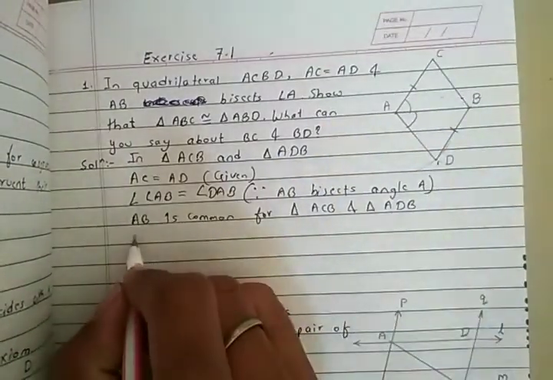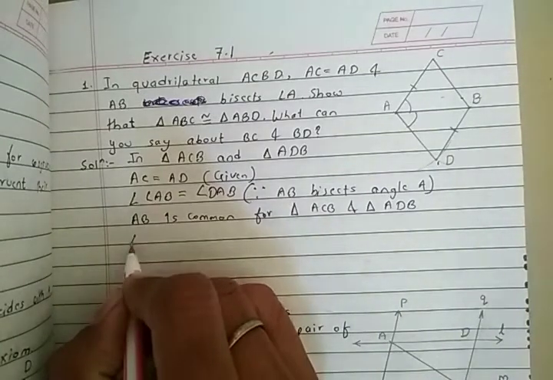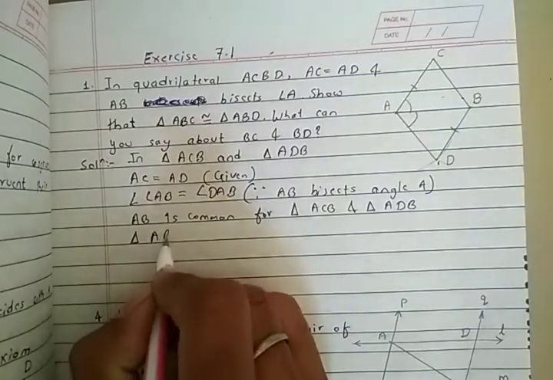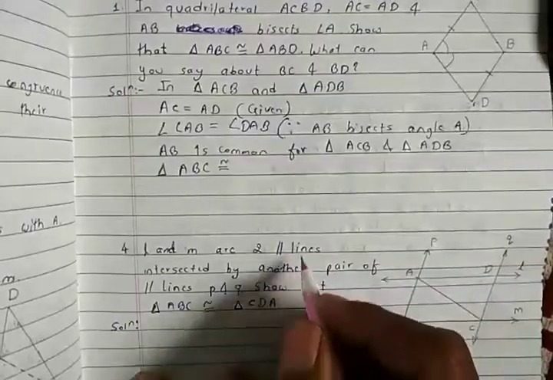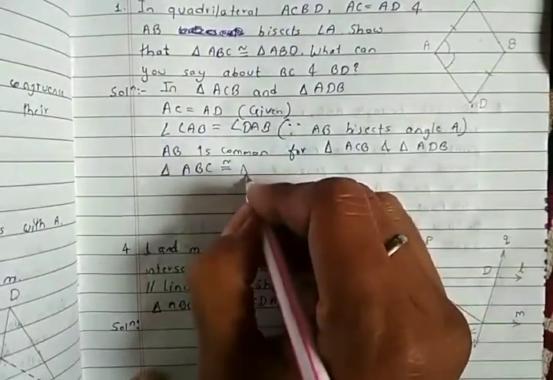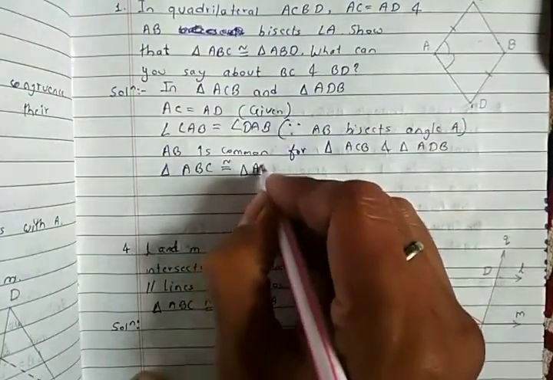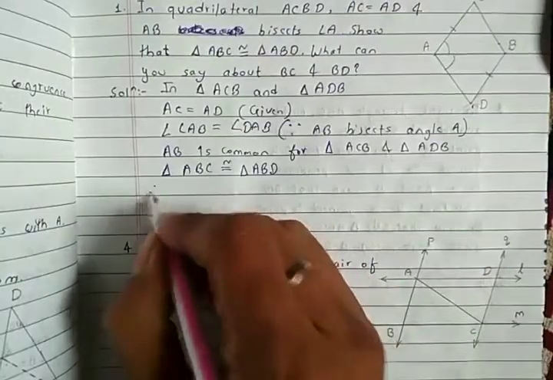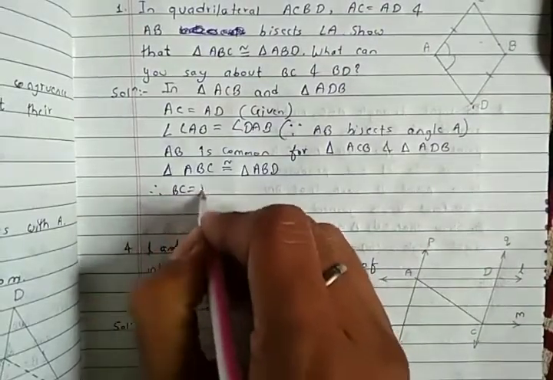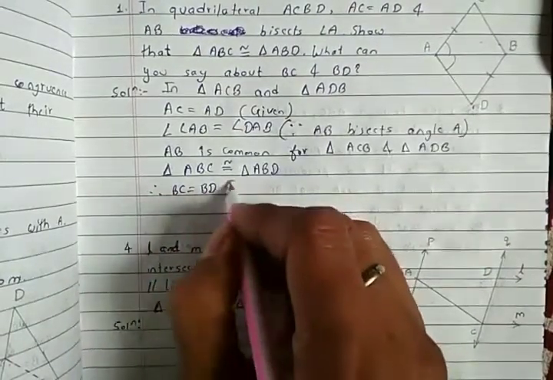Now we can say that triangle ABC is congruent to triangle ABD. Therefore you can say that BC equal to BD.